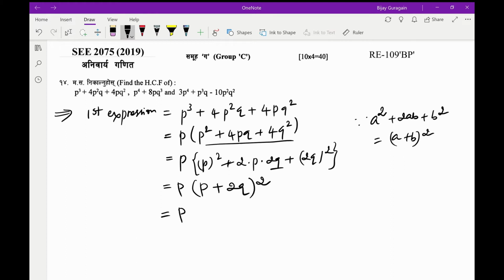Even further we can break this as (p + 2q)(p + 2q). So this is our first expression.